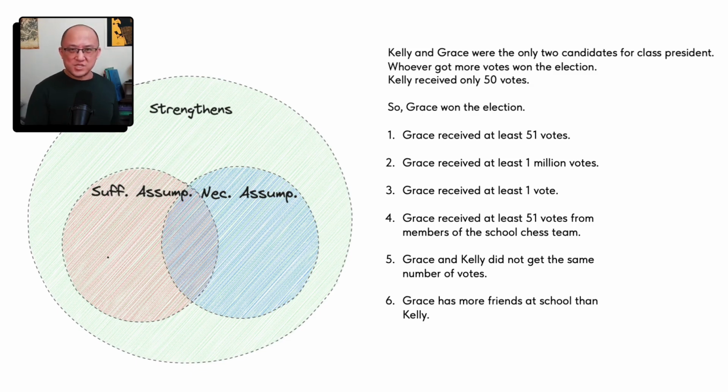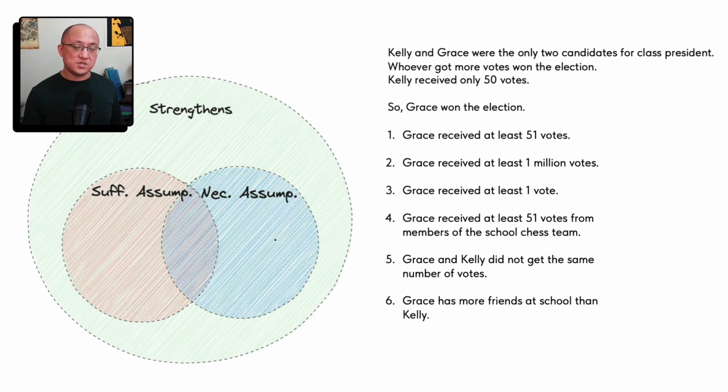It's just that for a sufficient assumption question, the right answer is something that guarantees the conclusion, whereas something that's just a strengthener but not sufficient is going to help make the conclusion more likely. It's going to help the logic of the argument, but it might not actually guarantee the conclusion. So that would be something that strengthens, but is not a sufficient assumption.